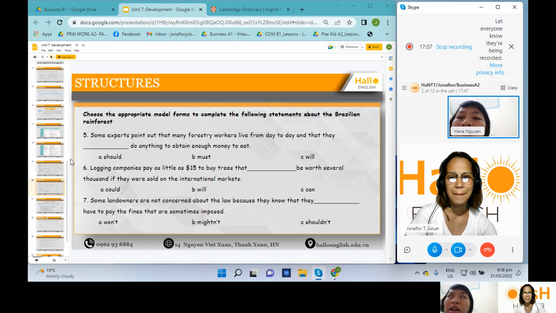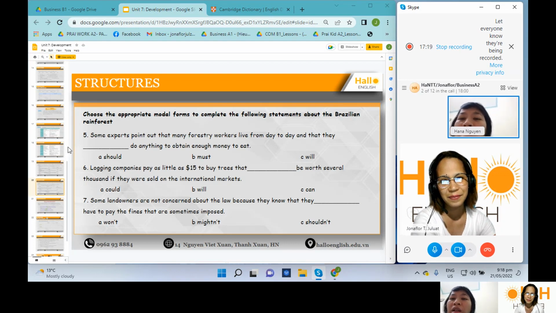Is it a strong obligation? Yes, because they have to work to earn money to eat.